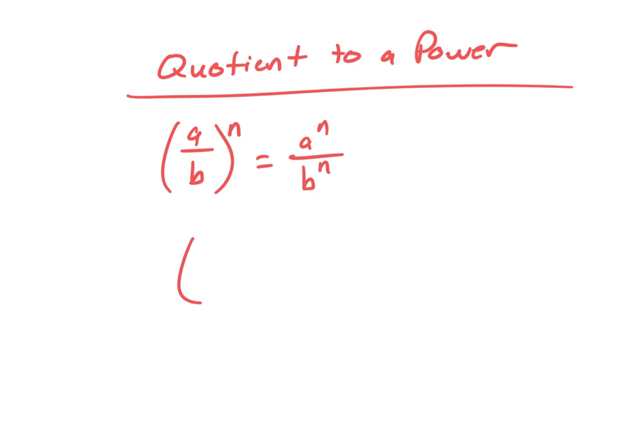So if I have 3 over x squared, cubed, we're going to raise everything to the 3rd power. 3 cubed, remember it's not an exponent, so we're raising 3 to the 3rd power, which is 27. And then x squared raised to the 3rd power would be x to the 6th. And that would be our answer.